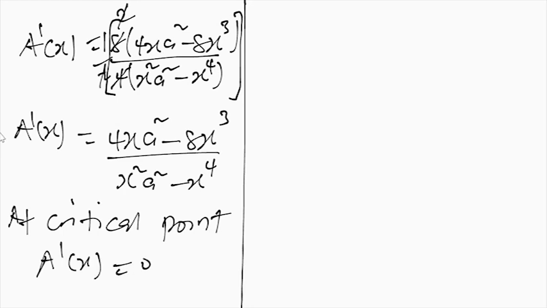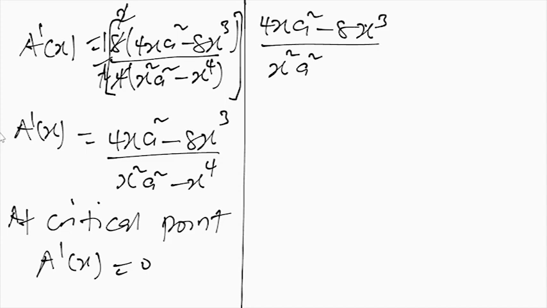So from here we can now say 4x a squared minus x cubed divided by x, minus x equals 0. So let's just multiply.